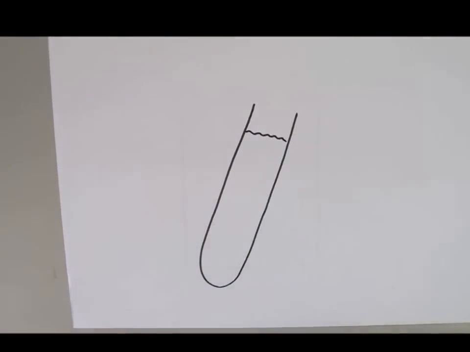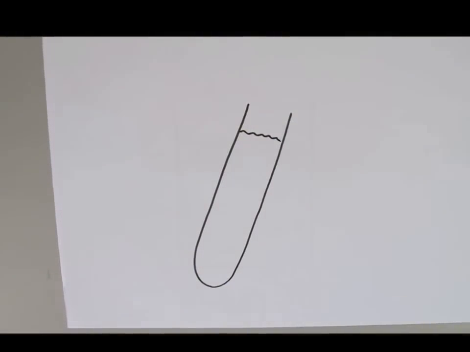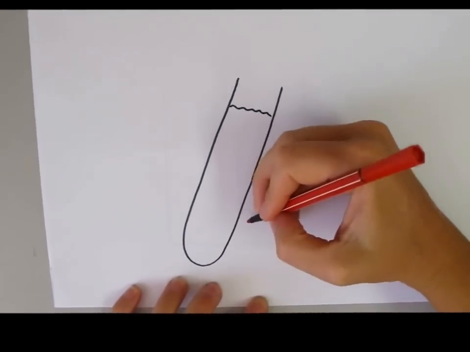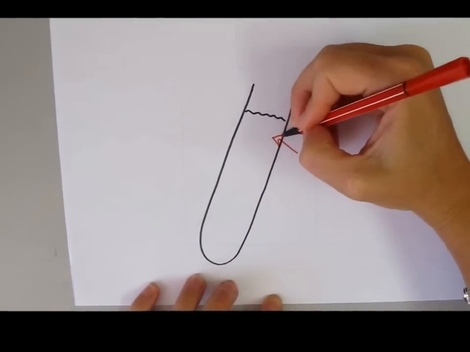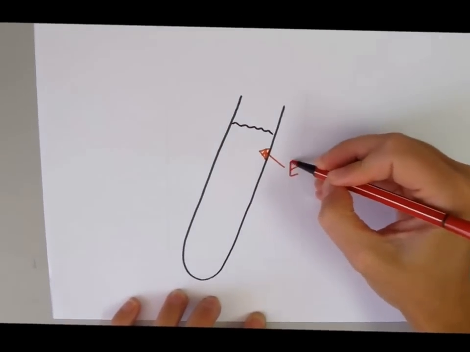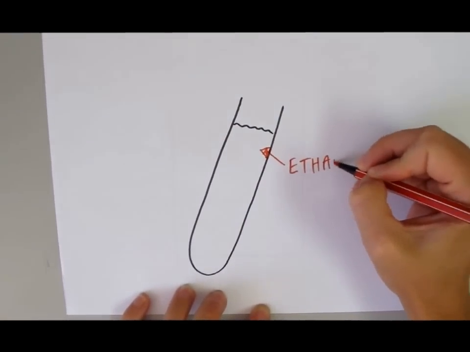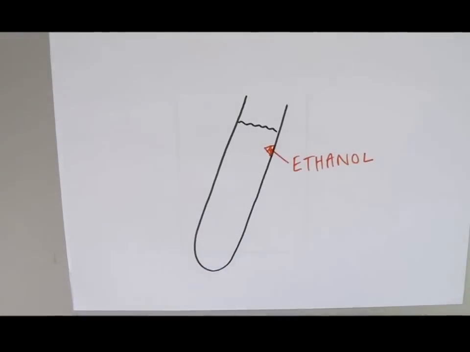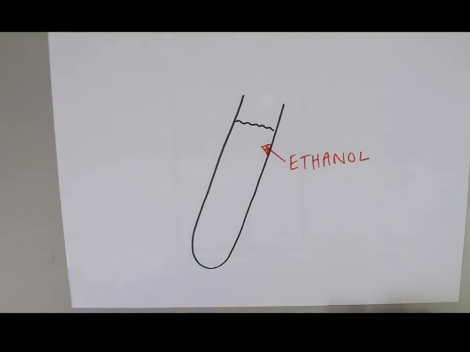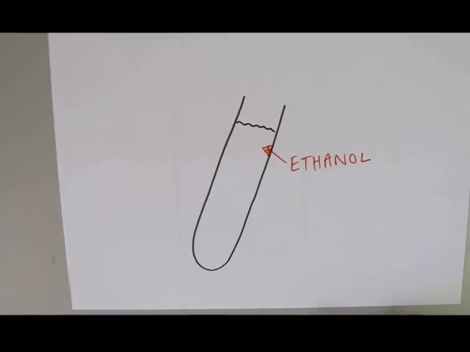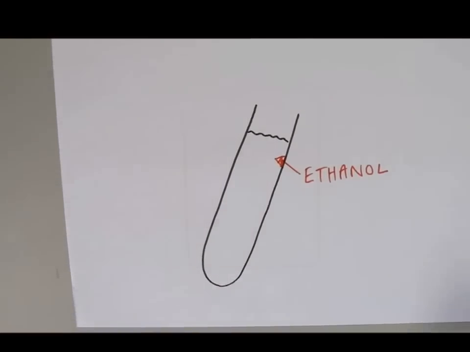Then we have a problem, because our leaf is still very green and obviously we want to see a colour change, so we'll try and get rid of the green. In the boiling tube we have some ethanol. Now, a safety point here: if you have ethanol you must not have naked flames. So you must make sure that the Bunsen burner that you used to boil your leaf with is off before you get your ethanol.